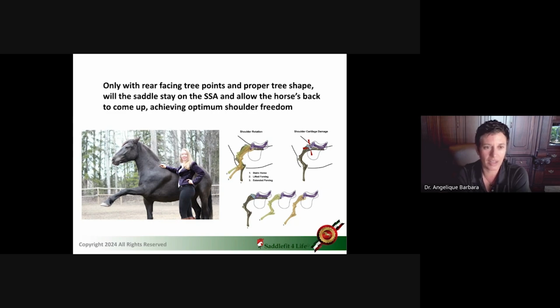They get kind of hollowed, sway backed, and they're basically not moving even close to the way they should be moving, which is going to cause a lot of issues long term as far as the way they're compensating. It can lead to injuries down the line, definitely arthritis and kissing spine and different issues of that nature. So it's so important that they can move that scapula properly and engage their top line when they're moving.